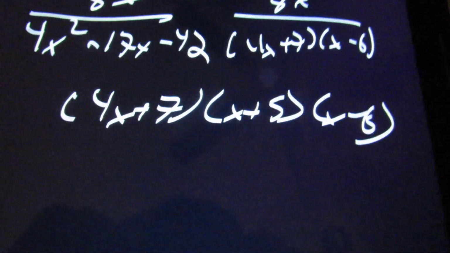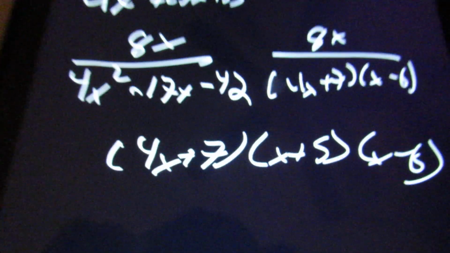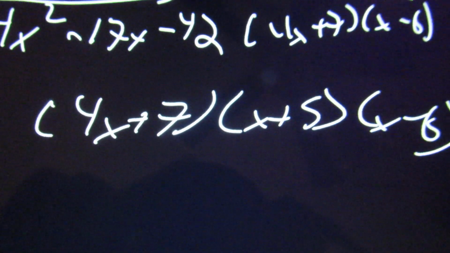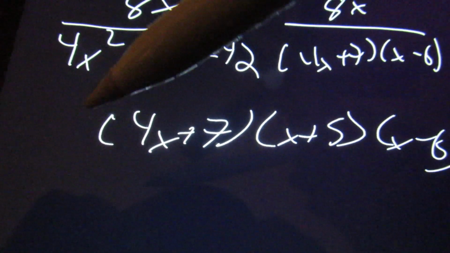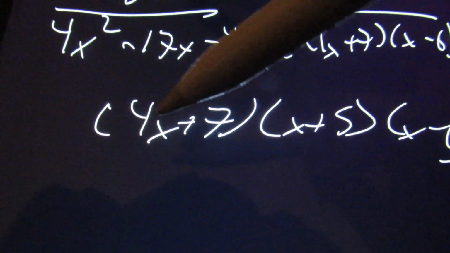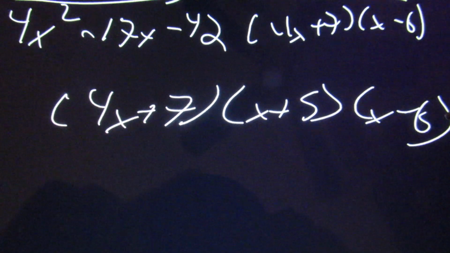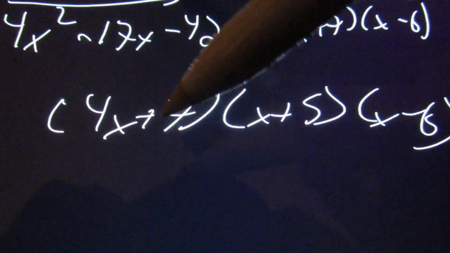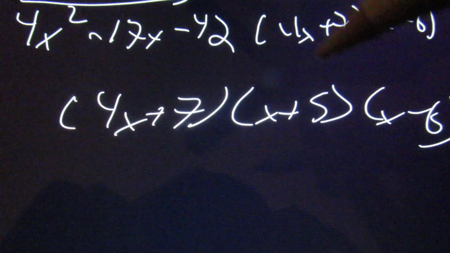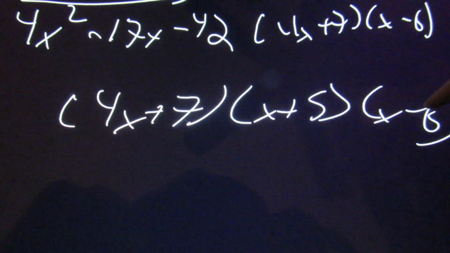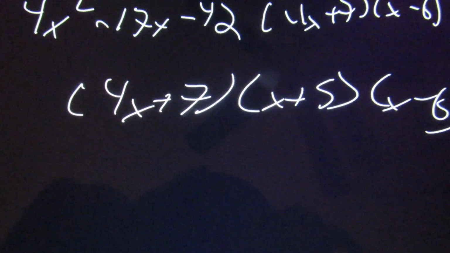However, in my open math, there's some questions that just flat out give you what the denominator is. And here, it gives you that the denominator is already 4x plus 7 times x plus 5 times x minus 6.